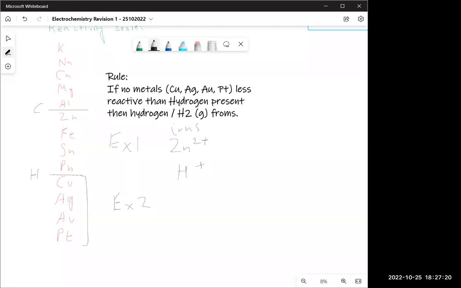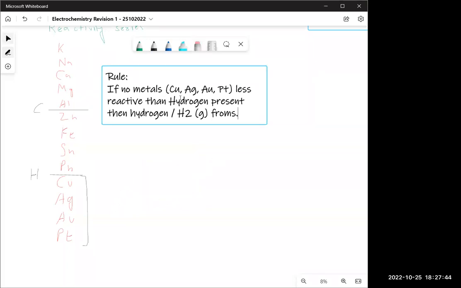Diana, tell me which of these will form at the cathode, zinc or hydrogen? If zinc metal is present, will hydrogen form or will zinc form? Zinc will form. All right, zinc.